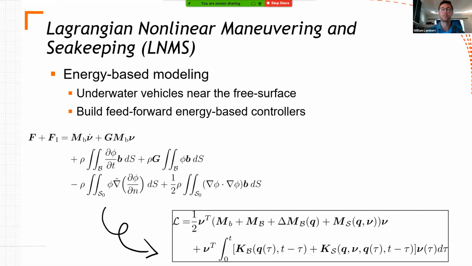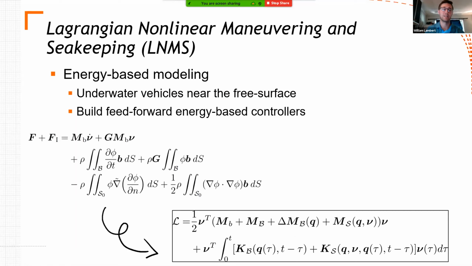And so we take a few steps back and look at the primary development of the Lagrangian term, which is the system kinetic minus the system potential energy. And we get a form that looks like this using different body parameters, such as different added mass terms, along with a convolution integral of these body kernel matrices.